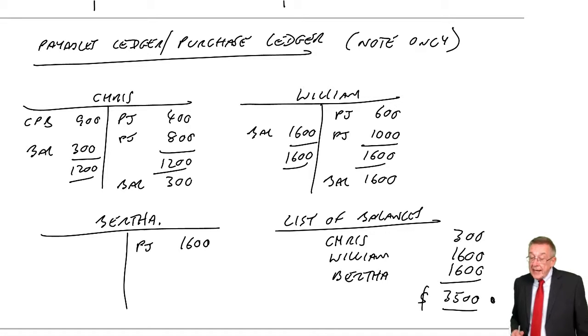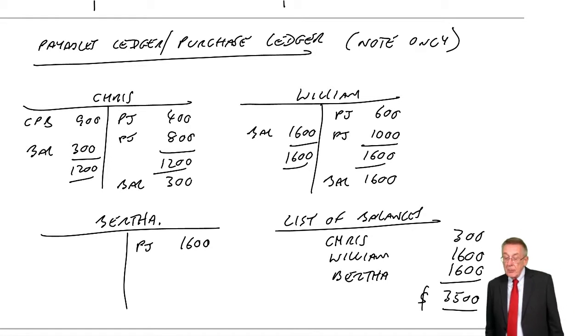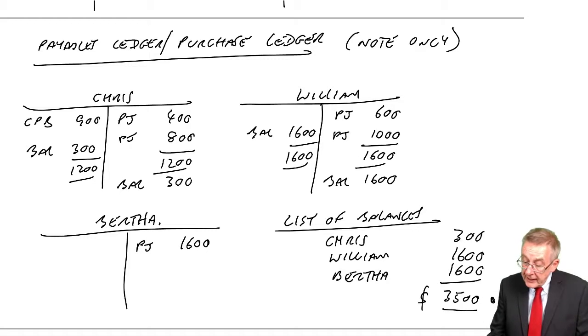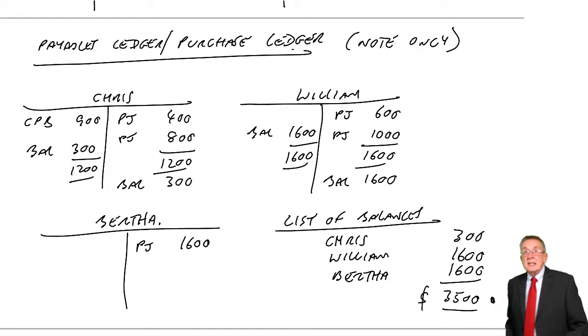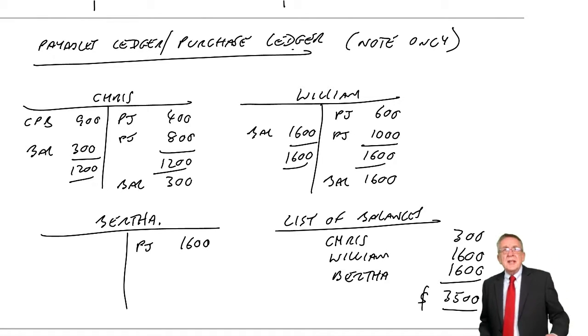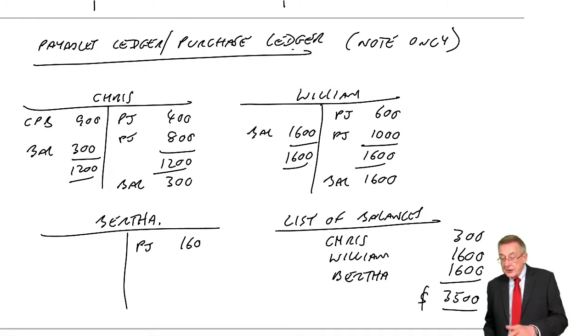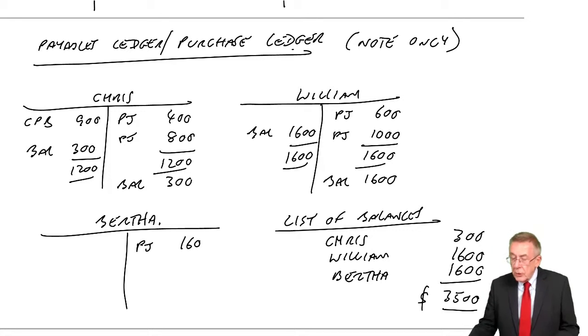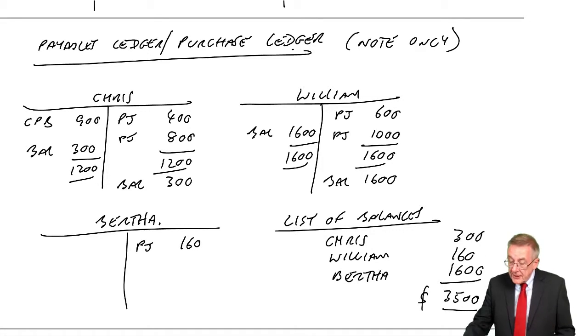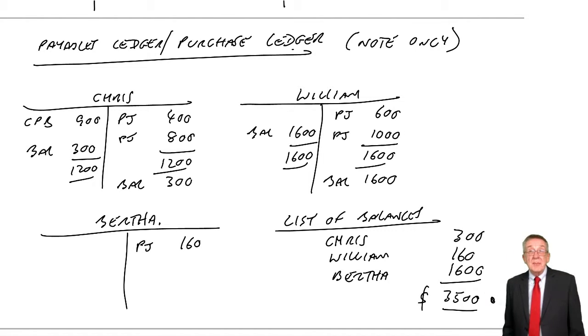And it does act as a little check, because nobody's perfect. The person who was writing this up, they came to Bertha, there was 1,600. They may have accidentally only written 160 there. And of course, if they'd only written 160 there, the total of the list would be different.